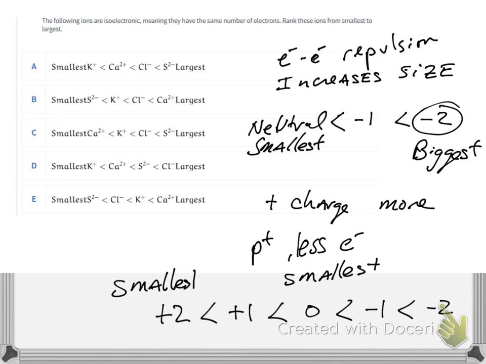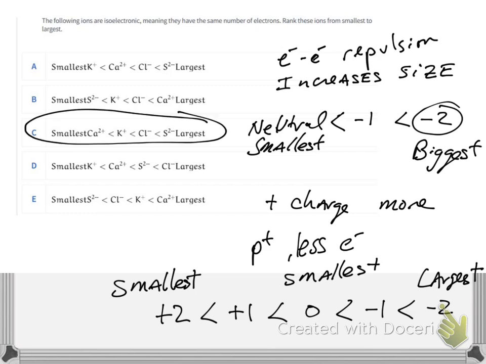So +2 is definitely the smallest, meaning there are 2 additional protons holding in the electrons, versus the -2, which has 2 fewer protons than the number of electrons. This increased electron-electron repulsion and the lack of protons lead to the largest size. So positive ions are always going to be smaller, and the largest would be negative ions. If we look at this particular problem where they all have the same number of electrons, we would pick the smallest to be calcium 2+, and the largest to be sulfur 2- based on this analysis.